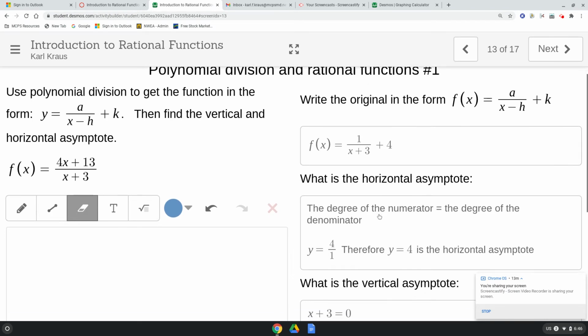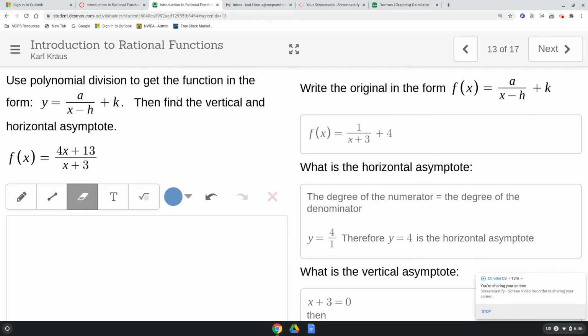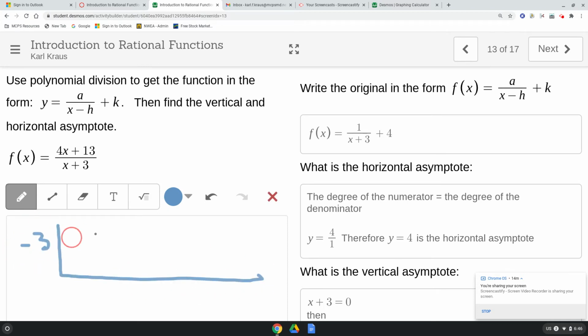So use polynomial division to get the function in the form y equals a over x minus h plus k. If I use synthetic division here, put a -3 here, then a 4, and a 13, and you bring down the 4, then multiply -3 times 4 is -12.